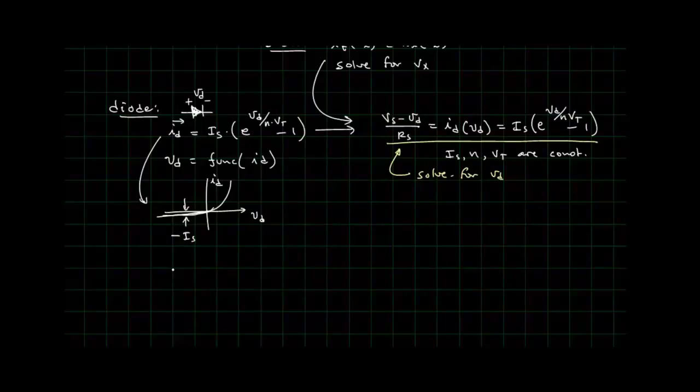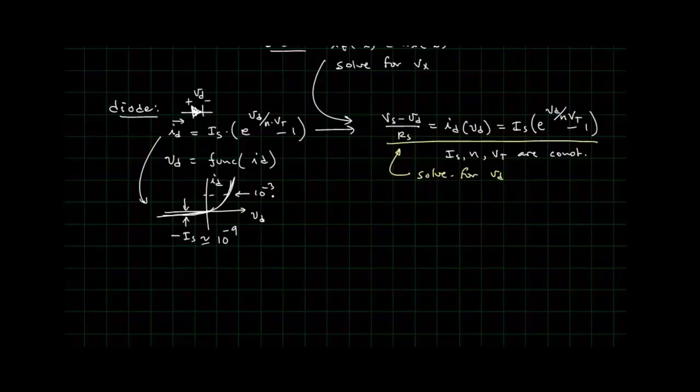Typically IS is very, very small, and if you're looking at using this diode when it's conducting, say in the milliamp range, IS may be on the order of 10 to the minus 9, 10 to the minus 12, something very small. And here we're looking at currents maybe in this range of 10 to the minus 3.